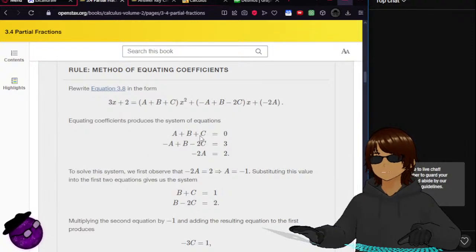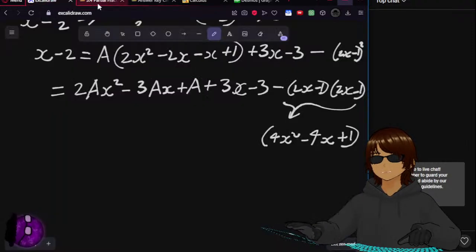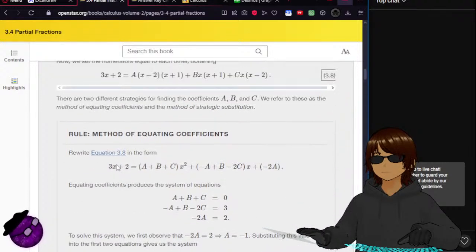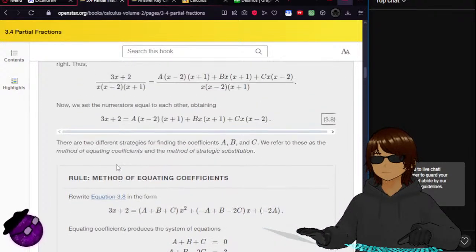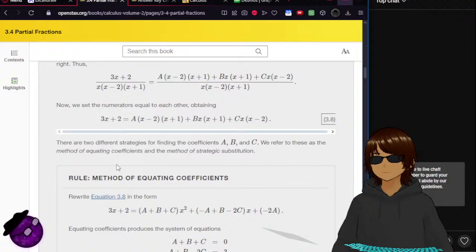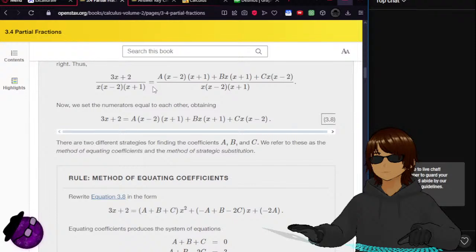A plus B plus C is equal to 0. How did they get this?